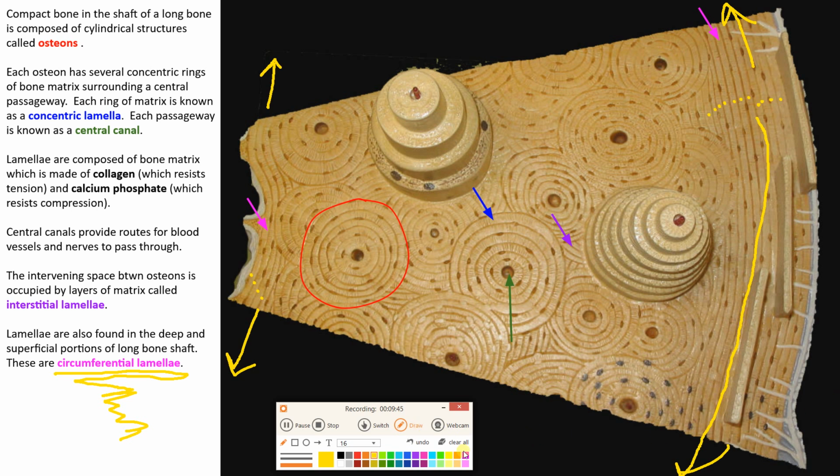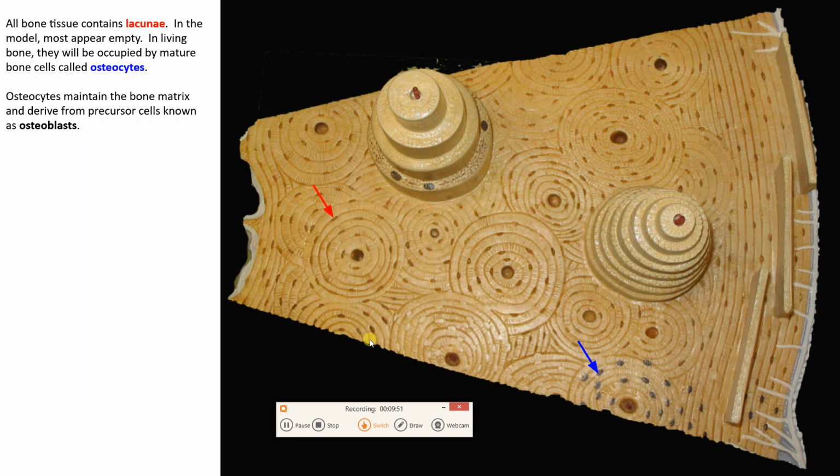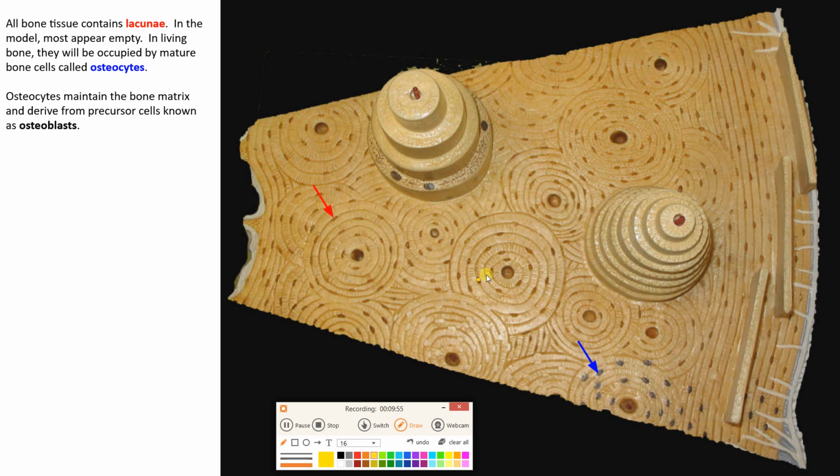All right, this is all fantastic. This is great. Few more things we gotta focus on. Check out all of these little spaces. We saw these same little spaces in hyaline cartilage. These little spaces are known as lacunae.